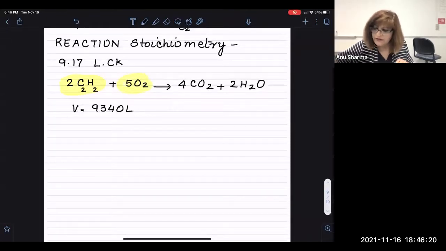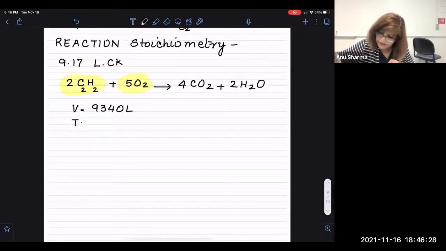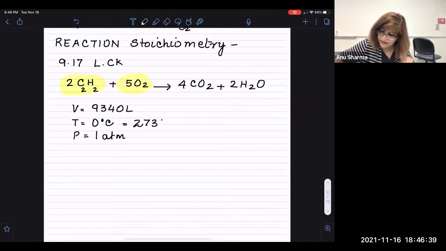That's all welding. Okay, so you are given the volume 9340 liters of acetylene gas at a temperature of 0 degrees Celsius, and 1 atmospheric pressure. So it looks like standard conditions. So 1 atmospheric pressure, and this is equal to 273 K.